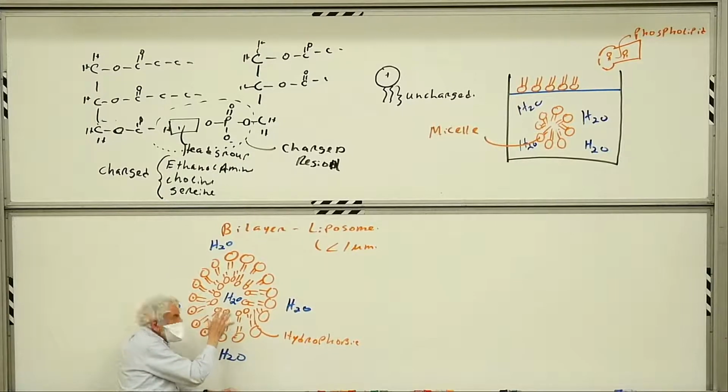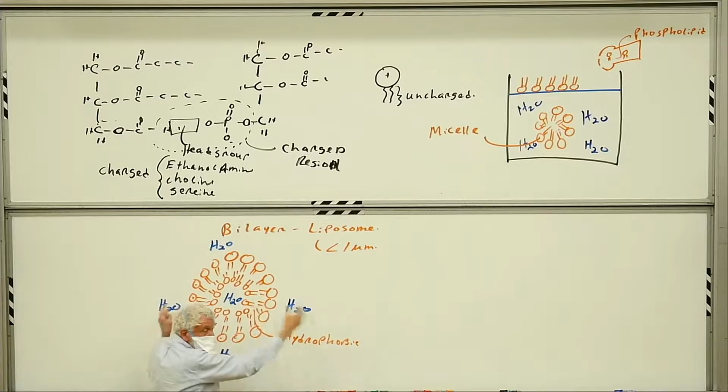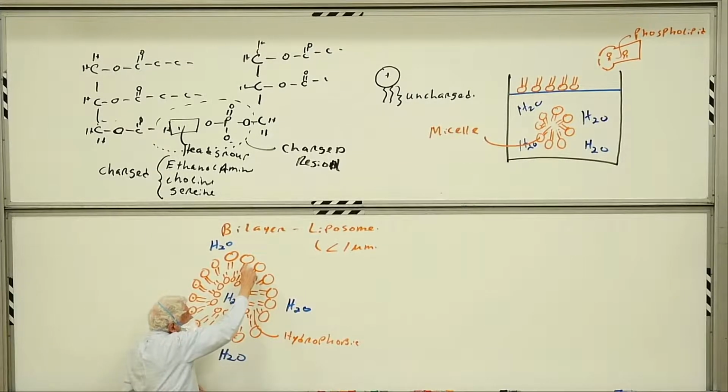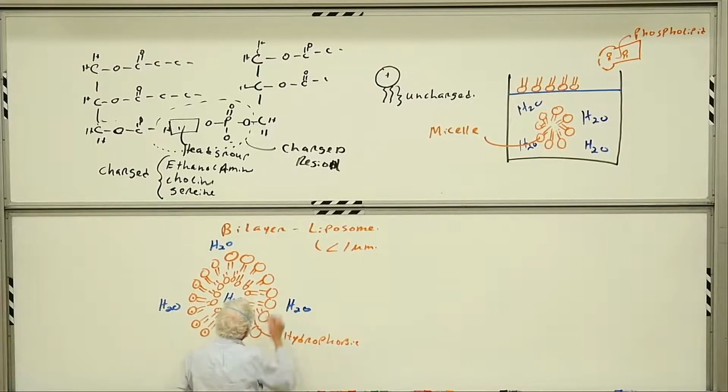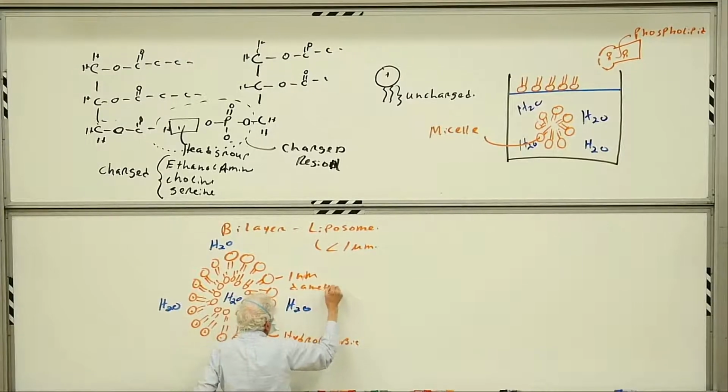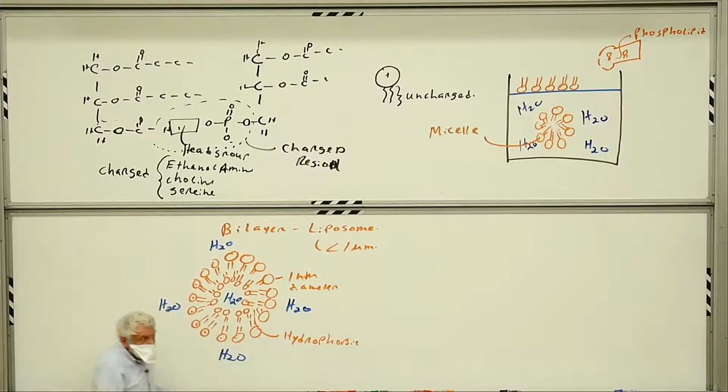I want to think about, though, if we take this sphere and we make it bigger and bigger and bigger, so that we now have less and less arc between each of these phospholipids. Now, these phospholipids are tiny, by the way. They're about 1 nanometer in diameter. So they're pretty small.